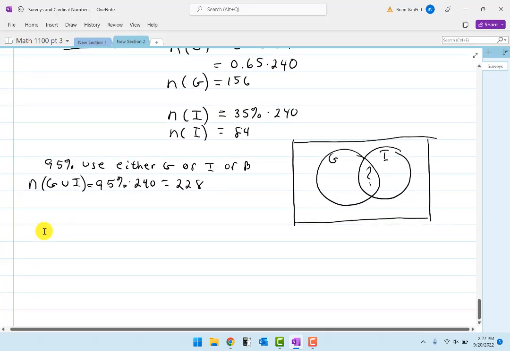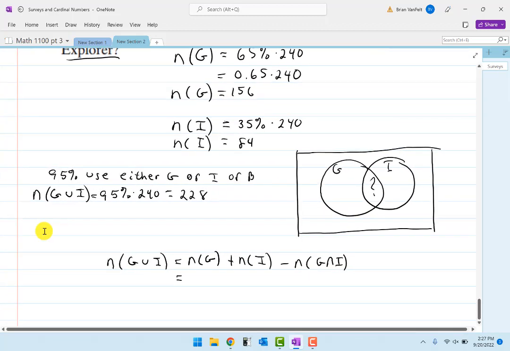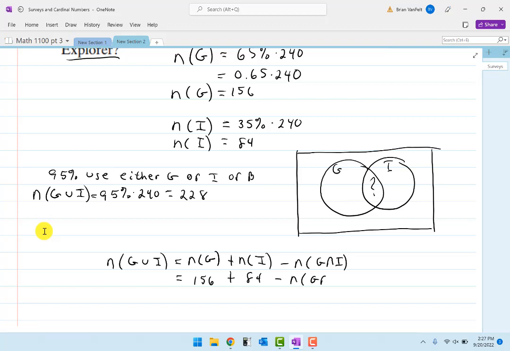So now the number of items in G union I equals the number of items in G plus the number of items in I minus the number of items in G intersected with I. And that last one is exactly what we want. The number of items in G was 156, in I was 84, and the number in G union I we know is 228.